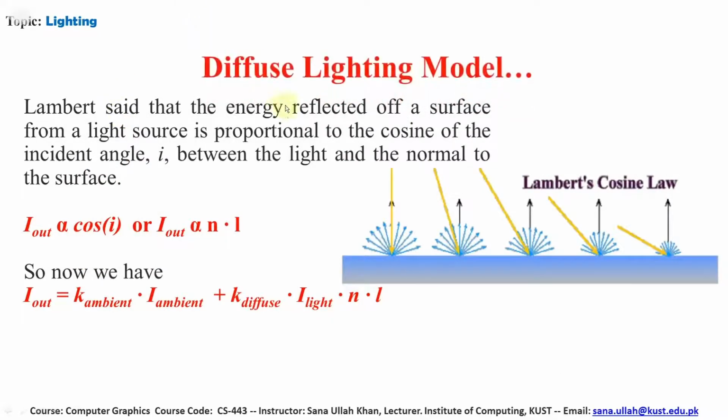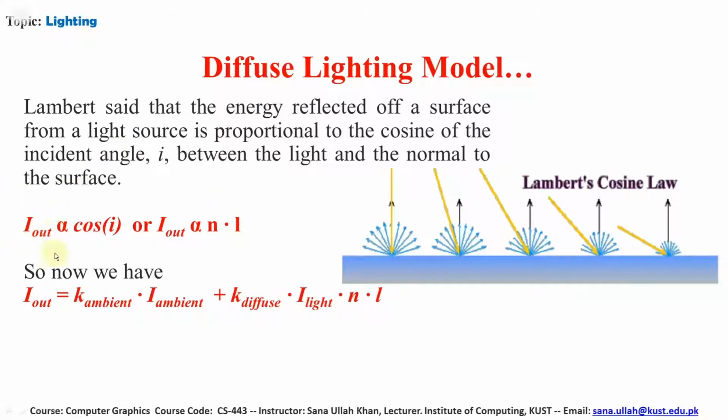The Lambert diffuse lighting model is calculated using Lambert's law. Lambert said that the energy reflected off a surface from a light source is proportional to the cosine of the incident angle I between the light and the normal to the surface.